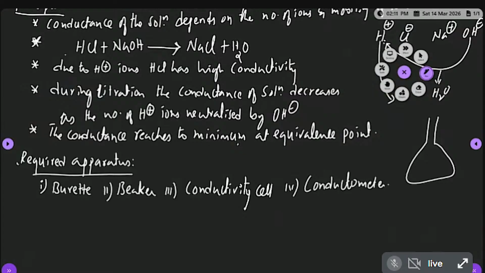Okay, so these are the required apparatus.